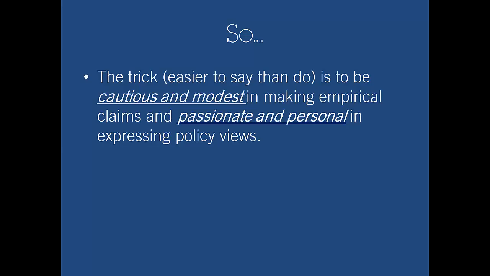So you need to be personal and you need to have that passion when you're talking about trying to change policy. However, the data are the data. You don't want to overstate it. You don't want to understate it. You want to make sure that it's highlighted and it is what it is. But then you can make your case personally and passionately about why whatever you're advocating for or against needs to change or not change.